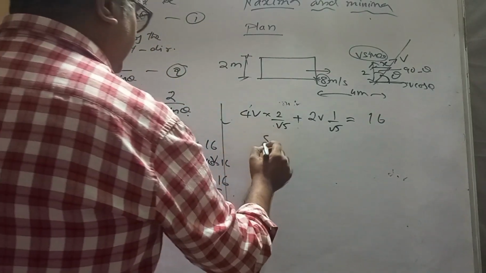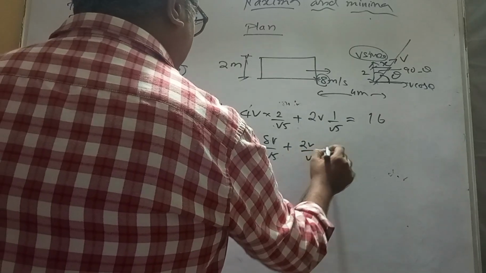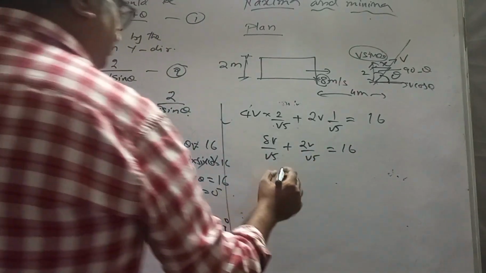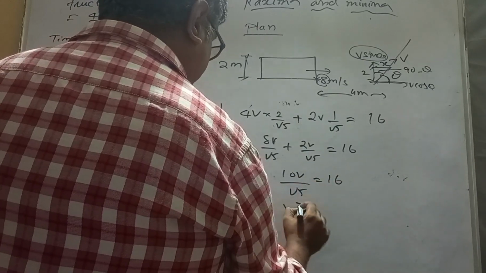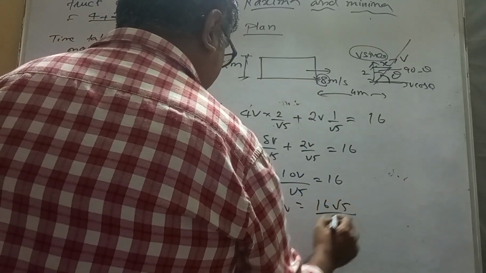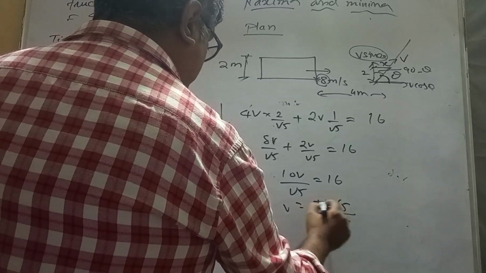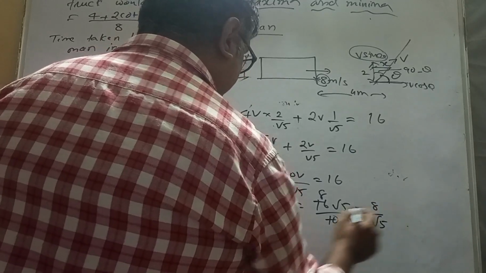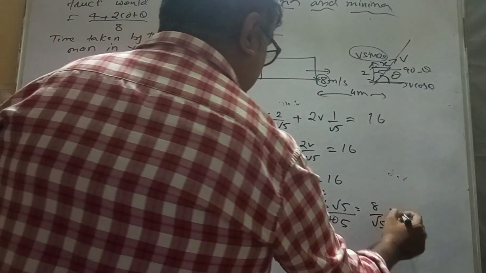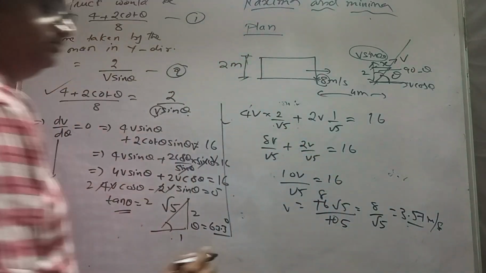So this is 8v by root 5 plus 2v by root 5 is equal to 16, which is 10v by root 5 is equal to 16. V is equal to 16 root 5 by 10, which is 8 by root 5. If you calculate, approximately you'll get 3.57 meters per second.